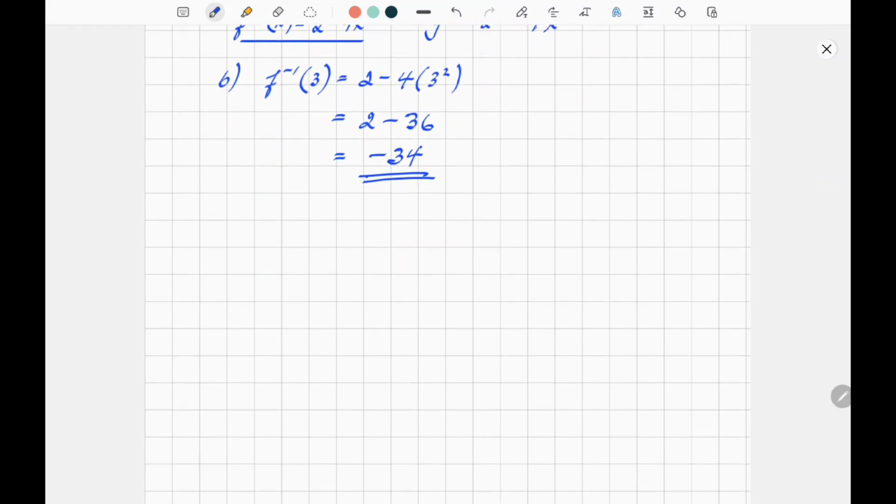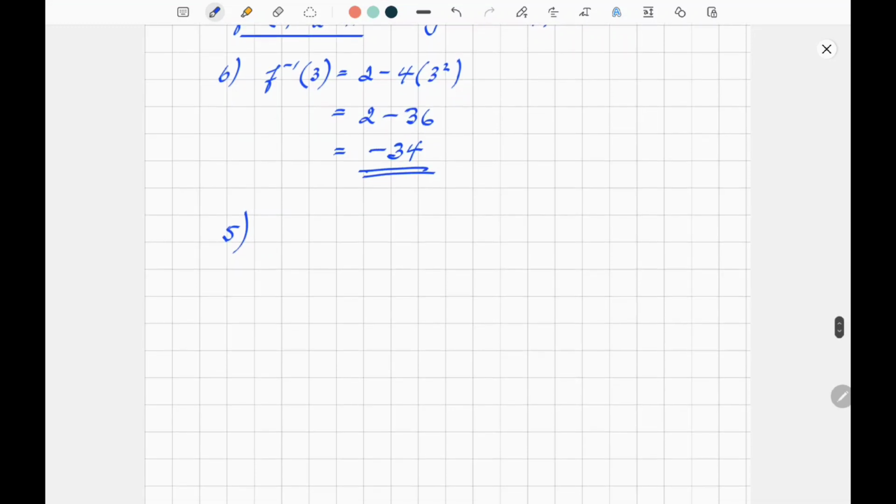It's this next question that I think is much more important. This is where we're getting onto compound functions. So you've got f of x is 2x plus 4. And then you've got another function, g of x, which is 3x plus 1.